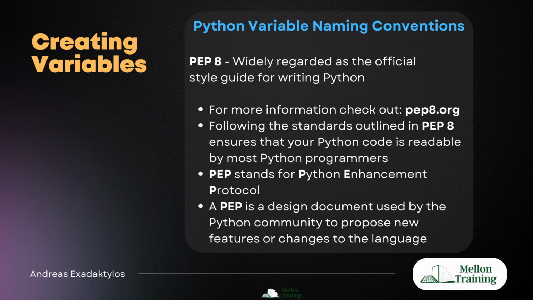Following the standards outlined in PEP 8 will ensure that your Python code is readable code to most Python programmers. It'll look in the style of other Python users. As far as the name PEP, it stands for Python Enhancement Proposal. A PEP is a design document. It is used by the Python community to propose new features or changes to the language.